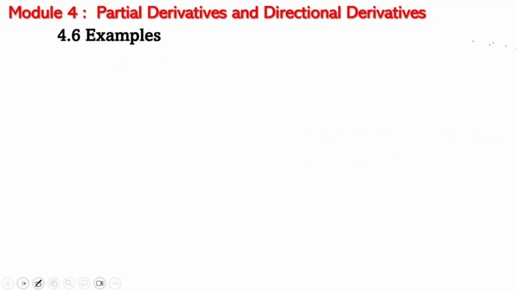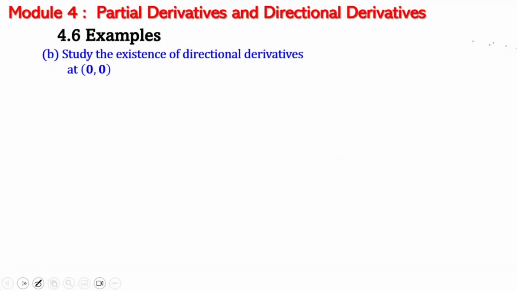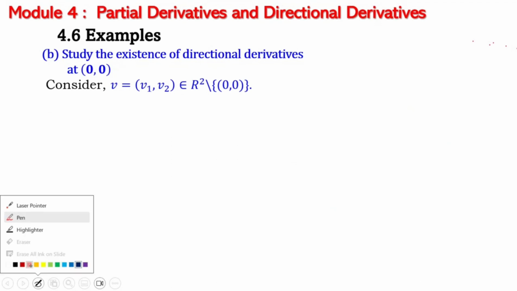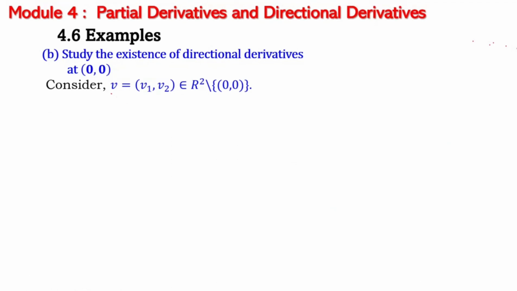Now we come to the second part, where we have to study the existence of the directional derivatives at (0,0). For that, we consider a vector v = (v1, v2) in R2 except (0,0), so any vector.